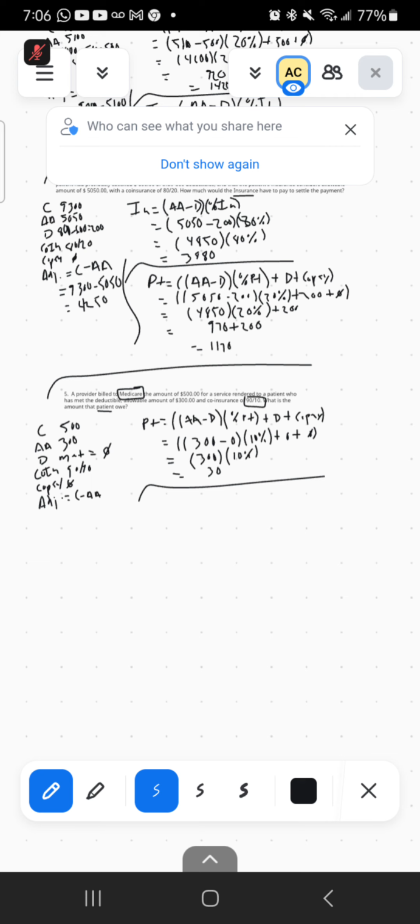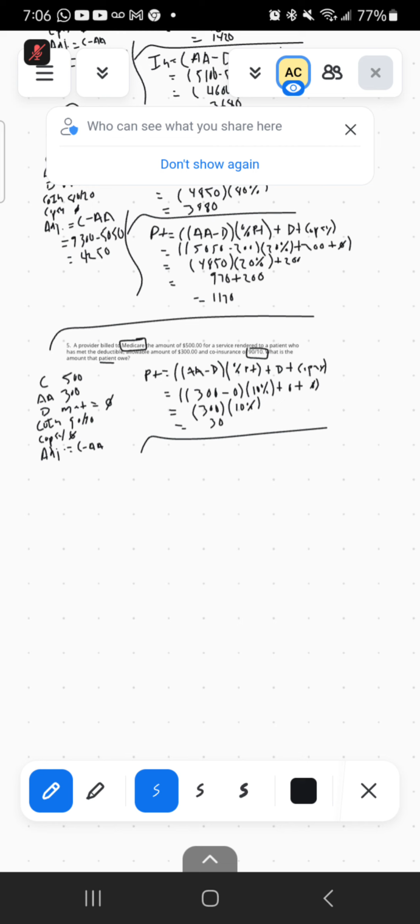Part of the assignment said, let's check how much the insurance has to pay. So let's do the insurance. The insurance pays the allowed amount minus deductible times the percentage of the insurance.